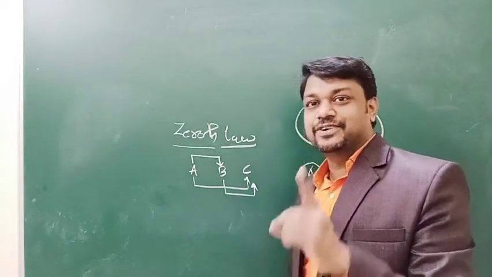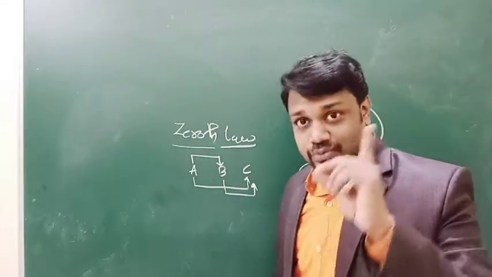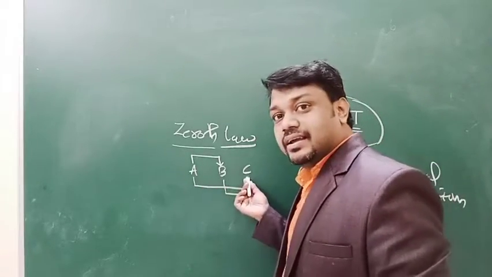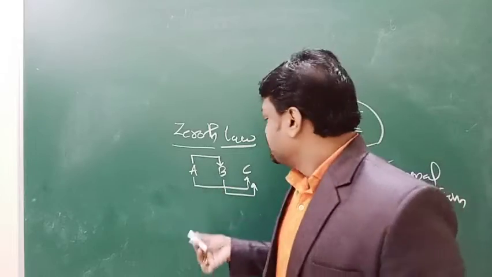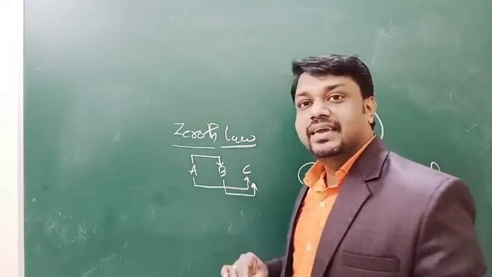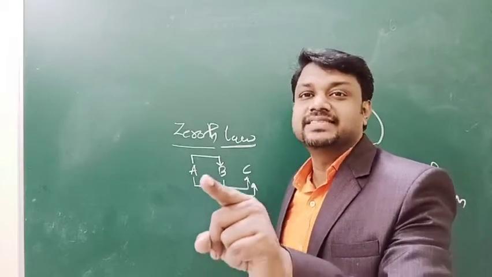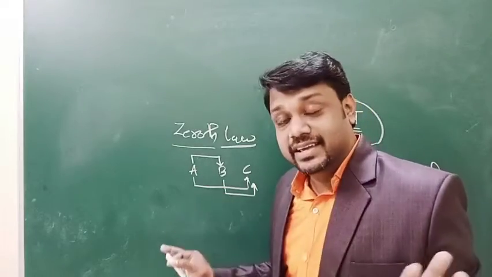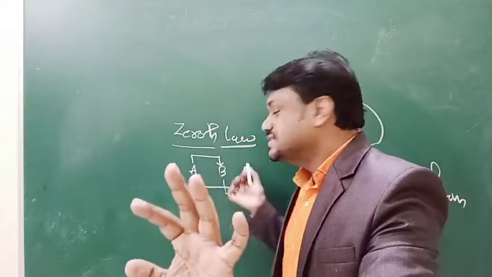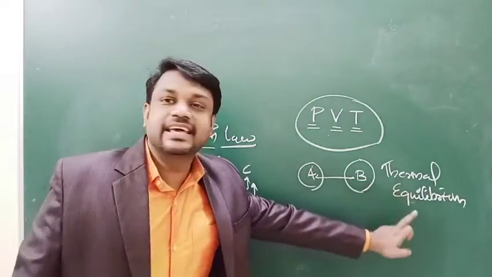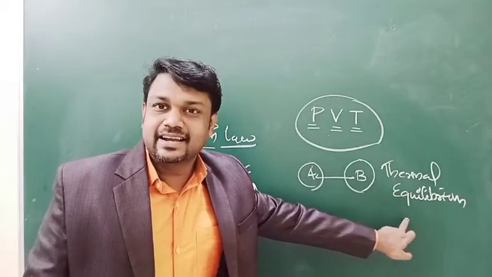That is the definition for temperature given in those days. Automatically, it comes to the concept that A, B, C are at the same temperature. That is known as thermal equilibrium.